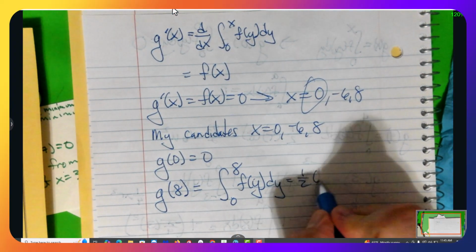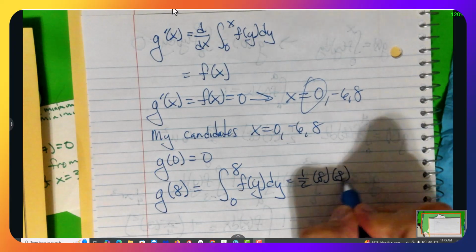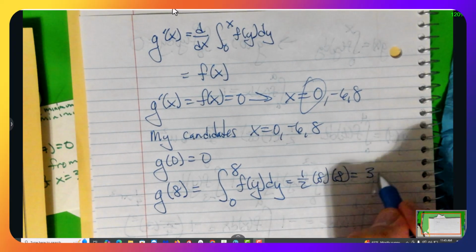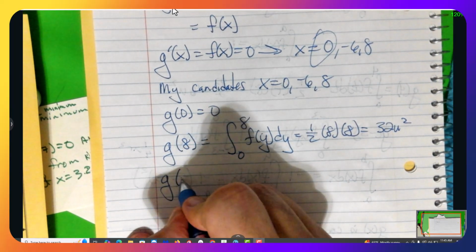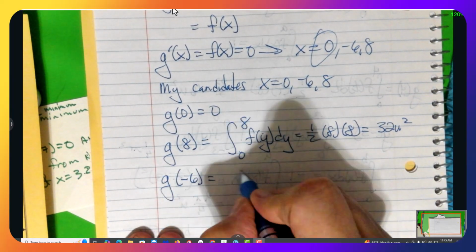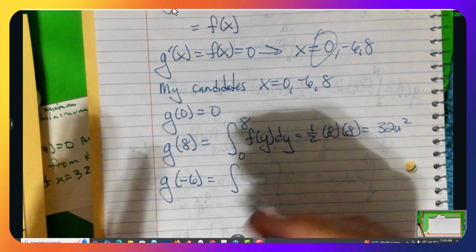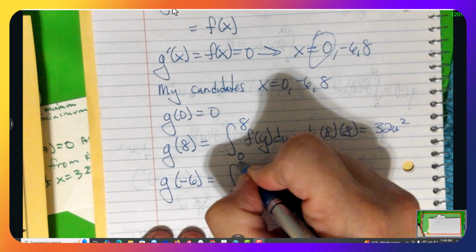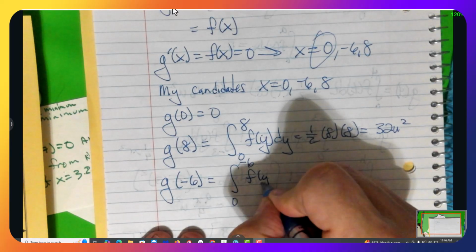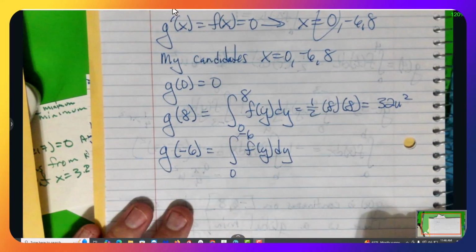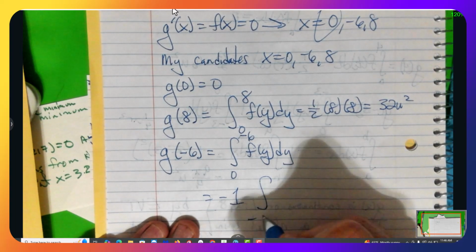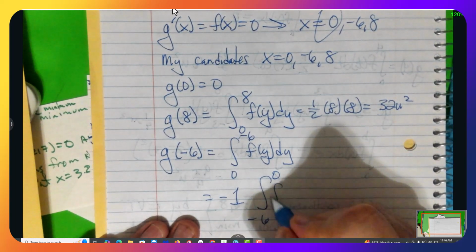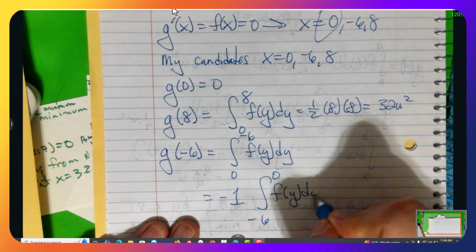So 1/2 of 8 times 8, 64 cut in half, I think, is 32 square units. Okay. g of -6 is the integral. I still want to do this. I want to switch them immediately, but don't do that. Okay. Which is -1 times the integral from -6 to 0 of f of y dy.